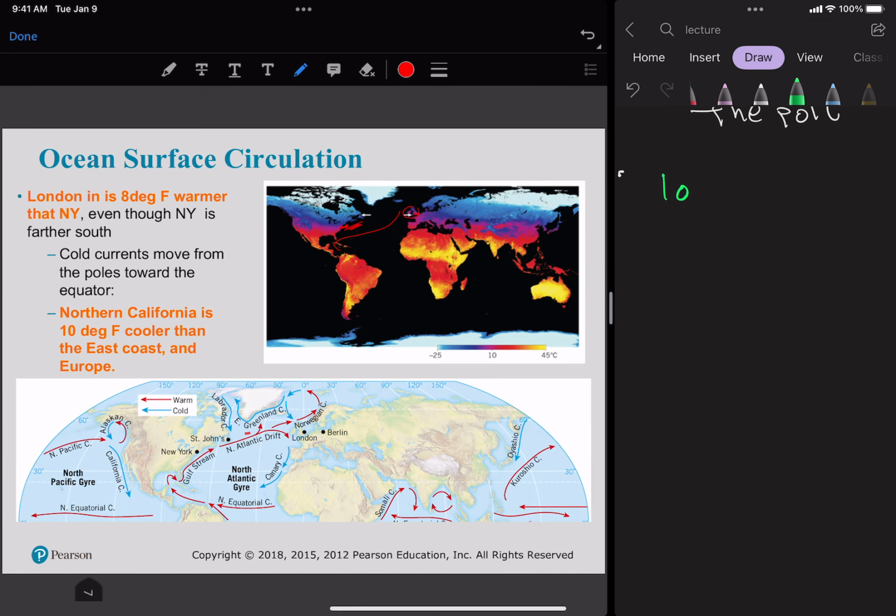So on average, London is going to be about 8 degrees Fahrenheit warmer than New York City, even though New York City is farther down and closer to the equator.